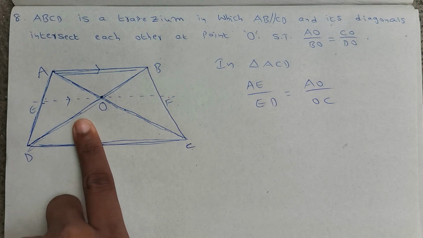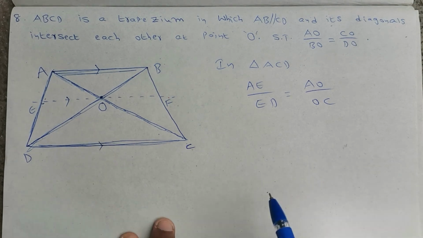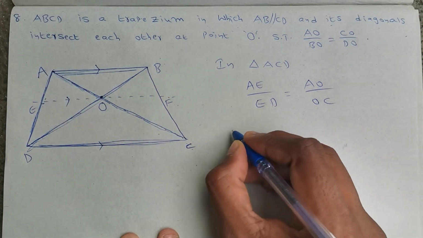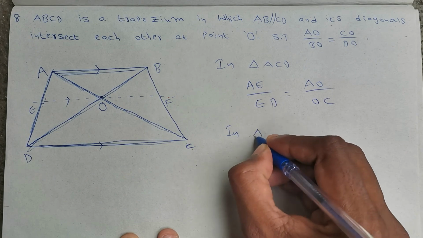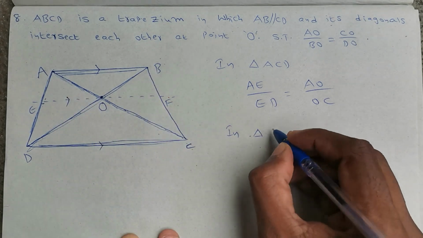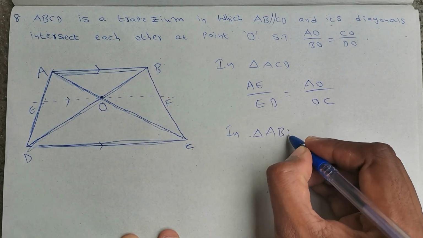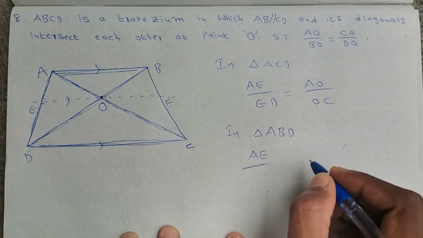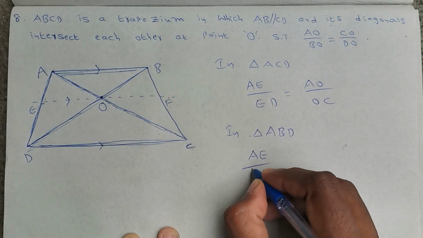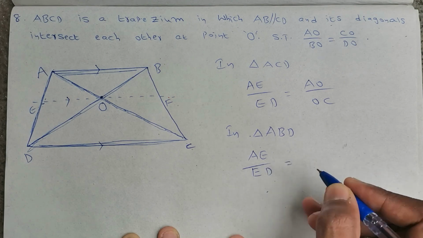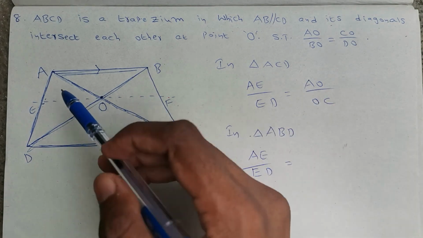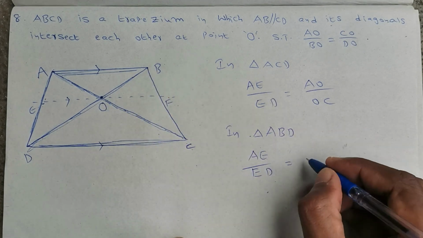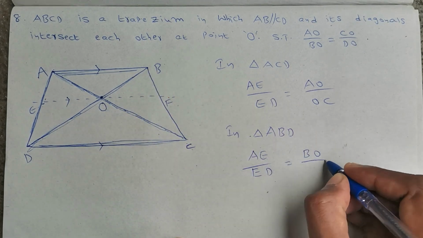So in triangle ABD, upper part AE divided by lower part ED is equal to BO by OD.